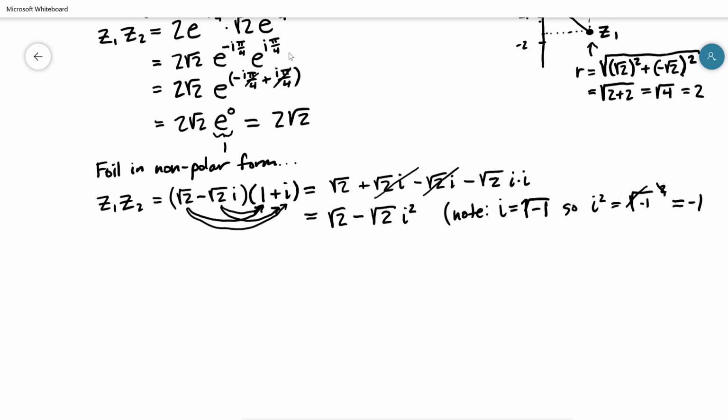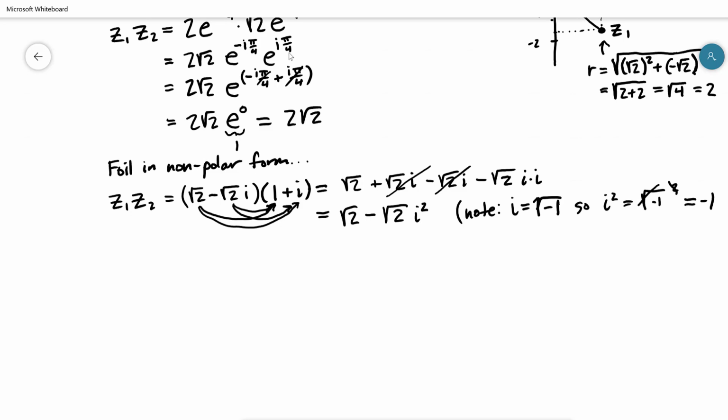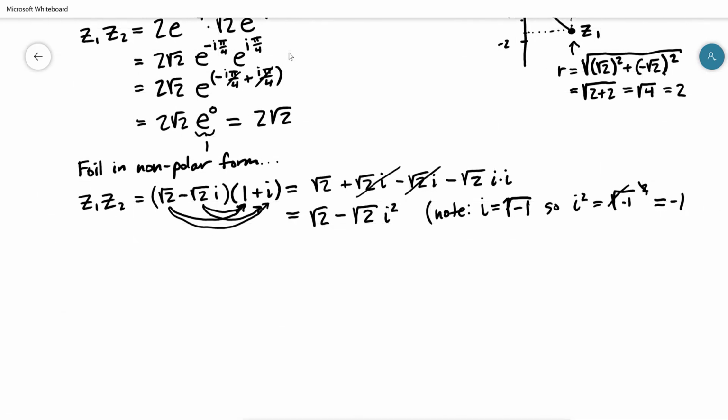So that's what I squared is equal to. So this I squared is just -1. And we wind up with root 2 minus that -1 times this other root 2, which is a negative root 2. Minus a negative means we add, and we wind up getting 2 of these root 2's. So root 2 plus another root 2 is 2 total root 2's. And we get the same result in both cases. Generally speaking, though, again, this will be the preferred way.